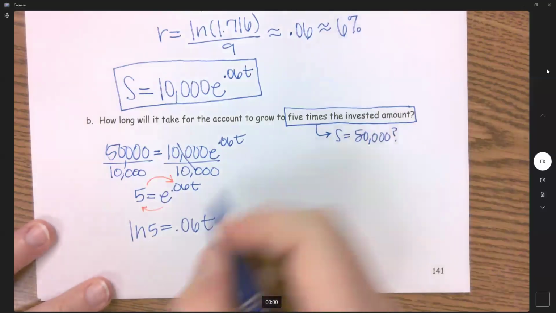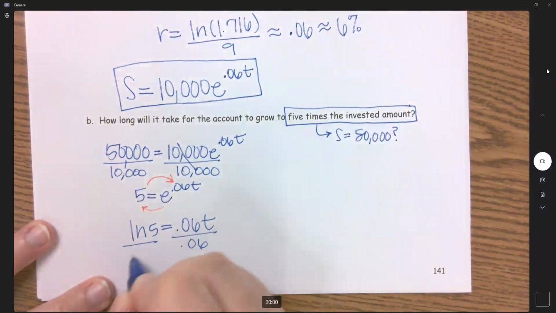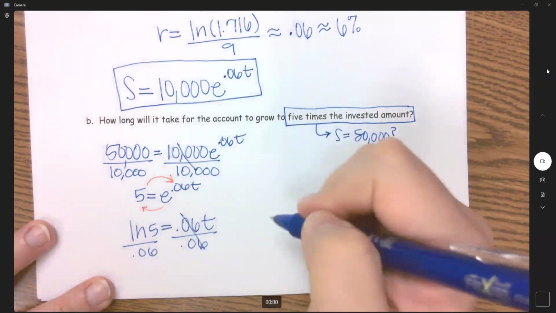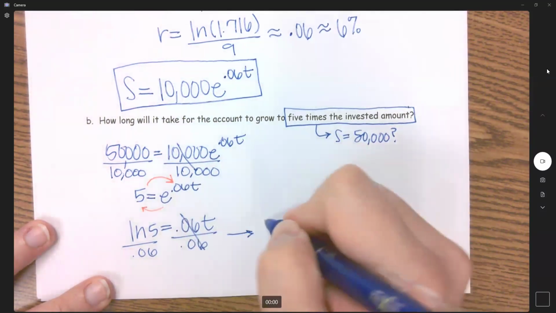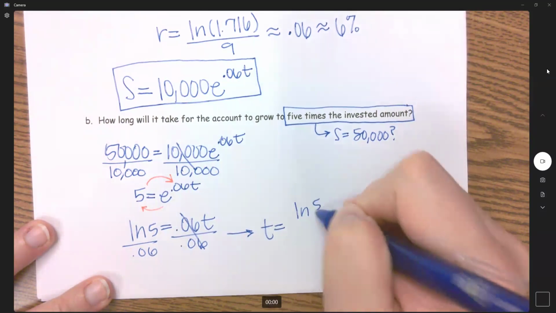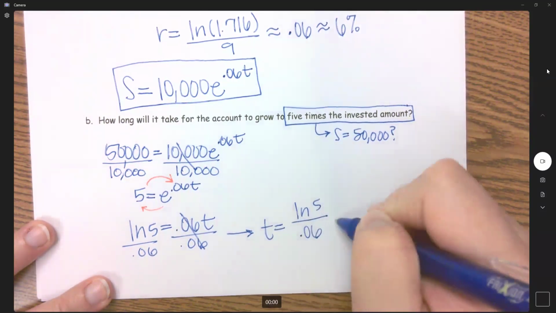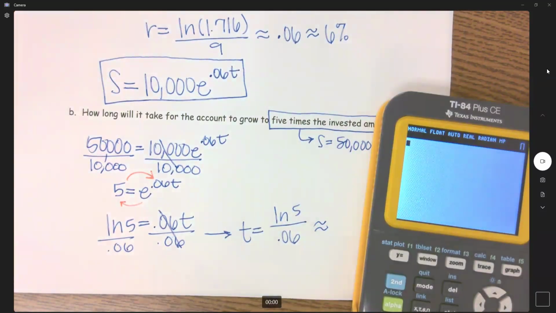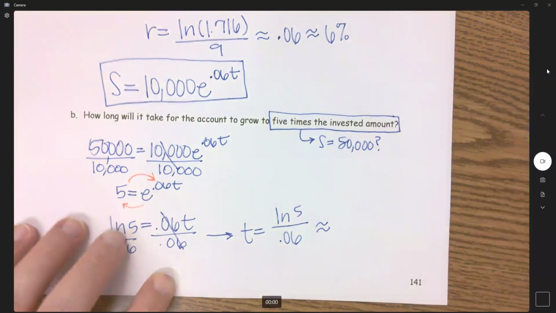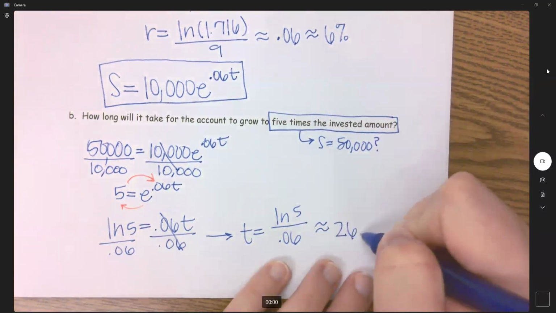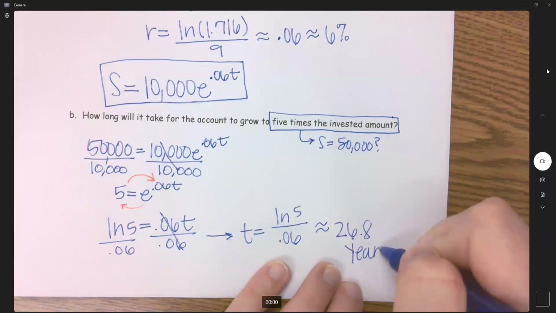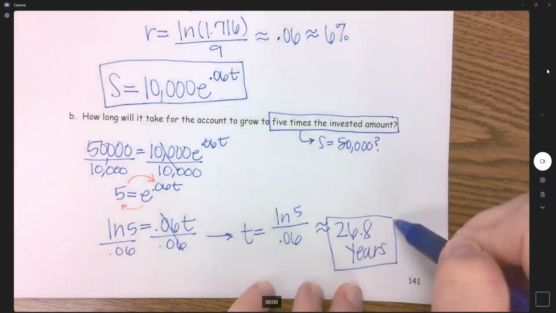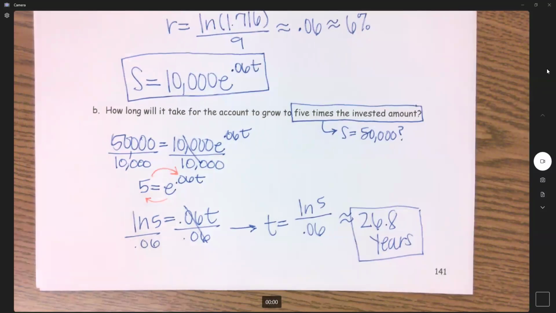And then my last step is to divide. So we get t equals the natural log of 5 over 0.06. And we get about 26.8 years. How long it will take for me to get 5 times the amount of money that I have invested.